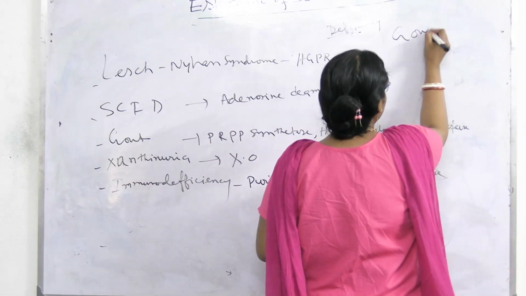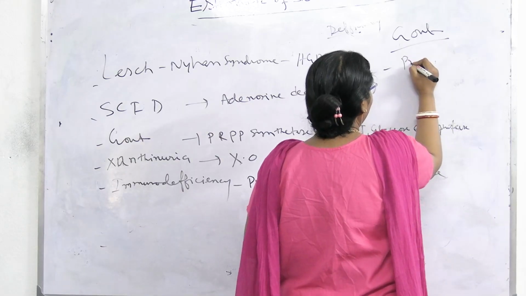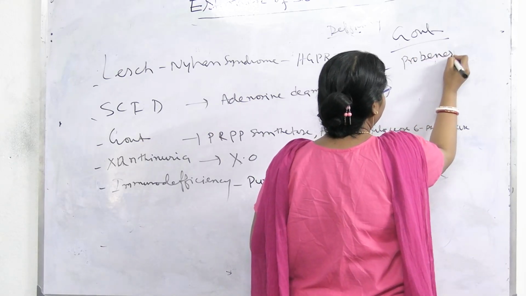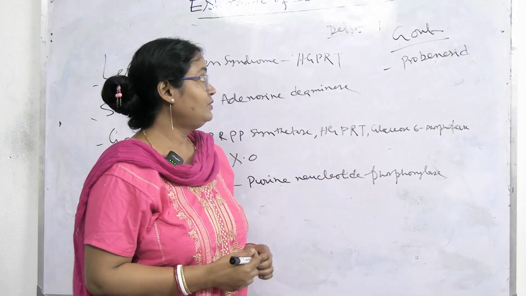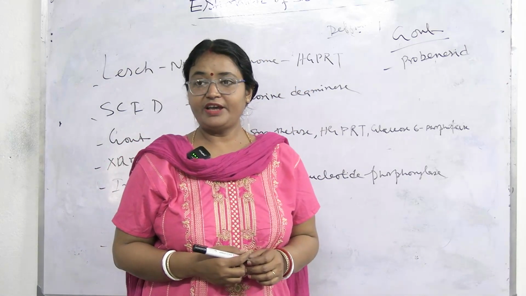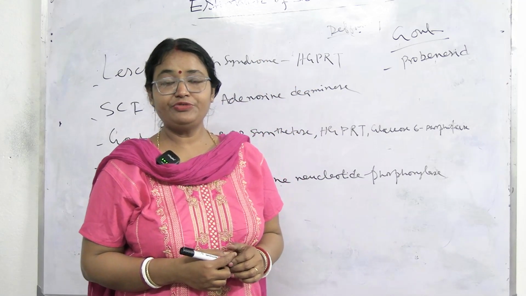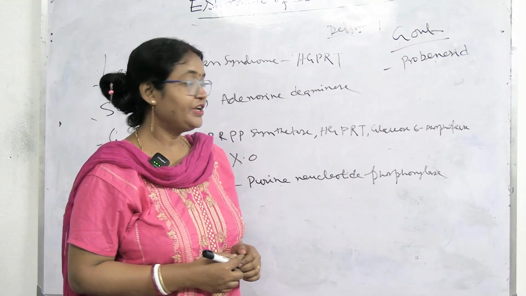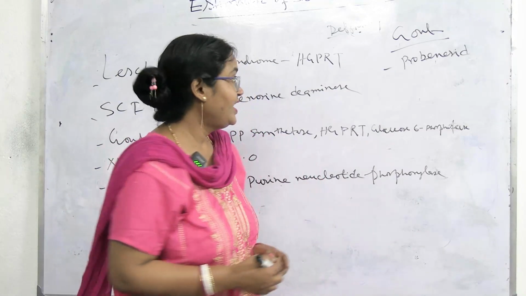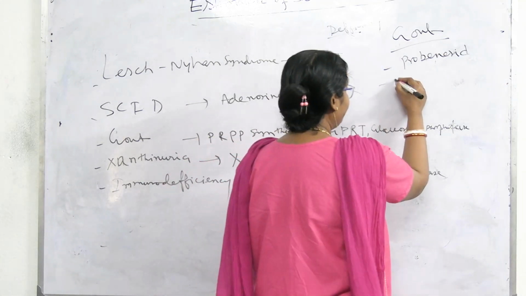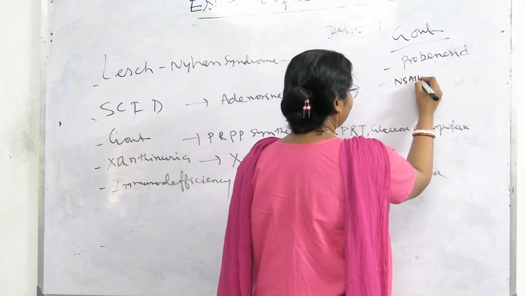For gout, we can give Probenecid. This is a uricosuric drug, so reabsorption will not happen and uric acid will be excreted through the kidney. Other than that, we can use NSAIDs.